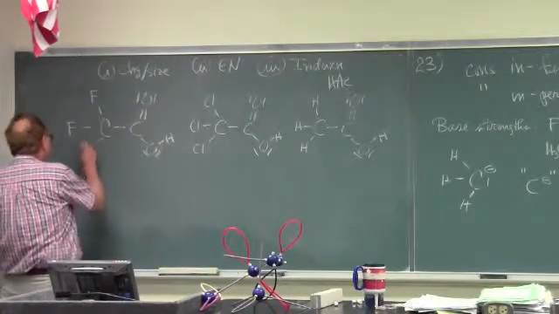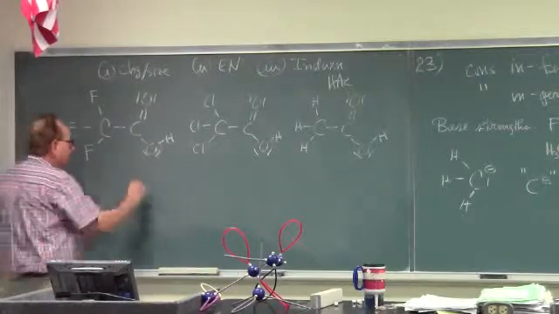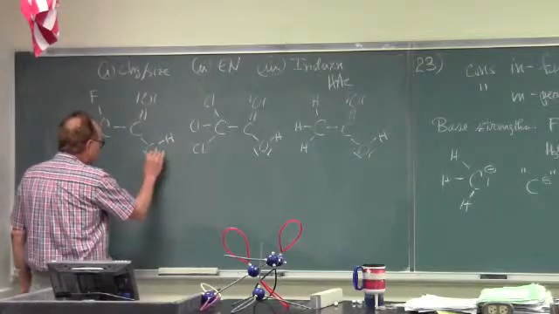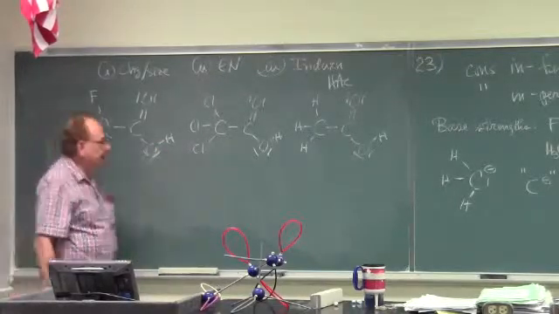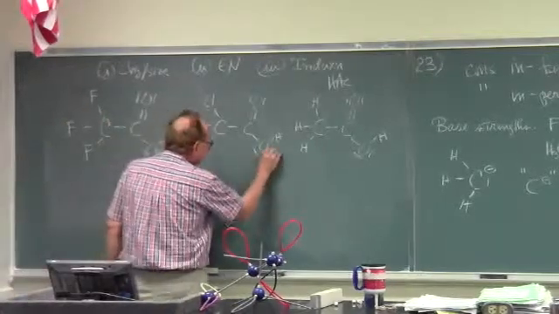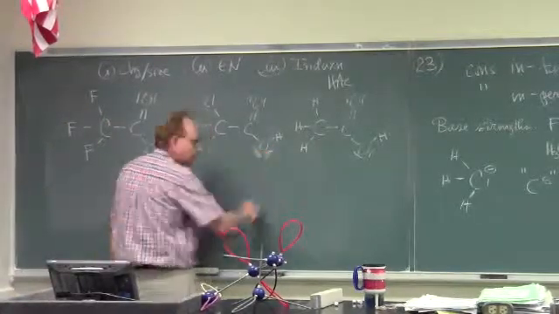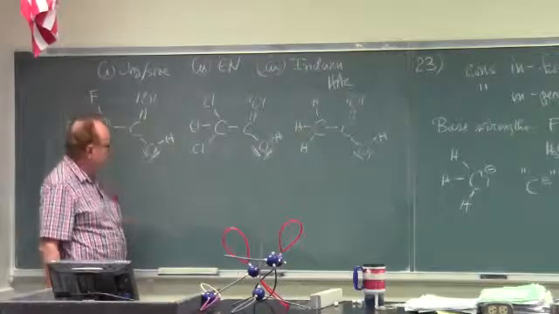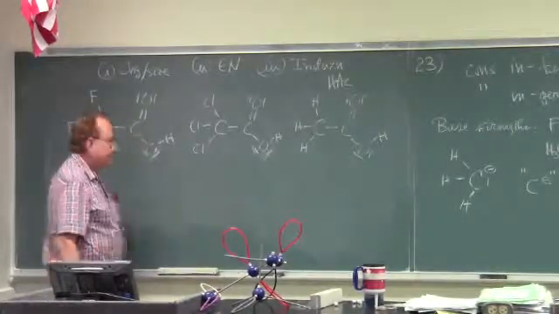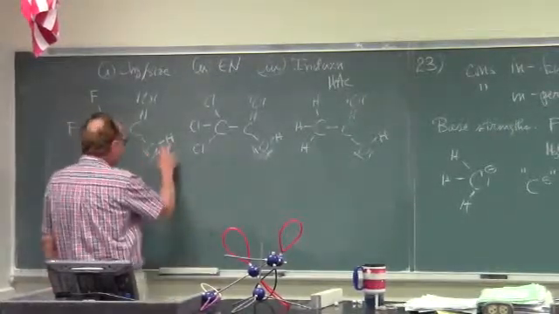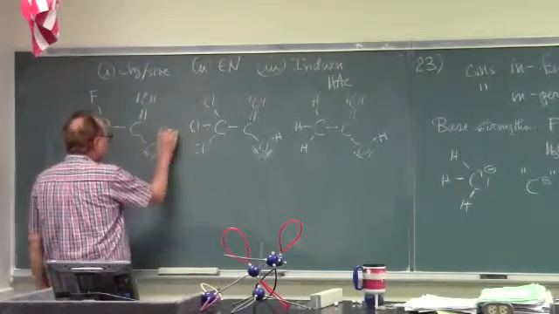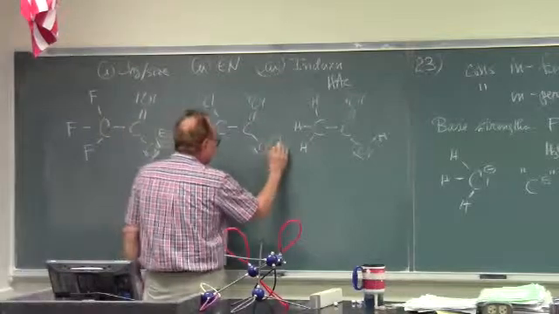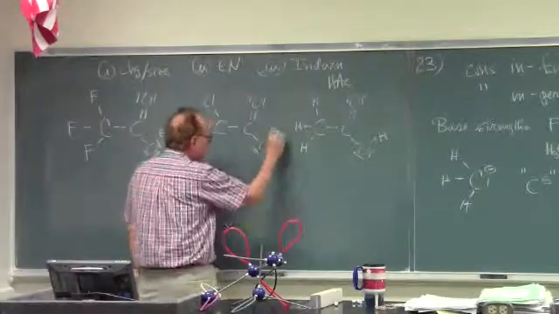All right? Now clearly, when trifluoroacetic acid and trichloroacetic acid behave as acids, since they only have one hydrogen atom in their molecular composition, the only thing they can do to behave as an acid is lose this H as H+. That makes this. Here, this.